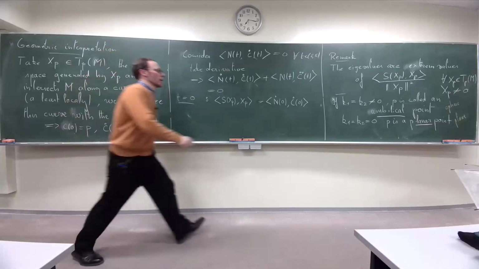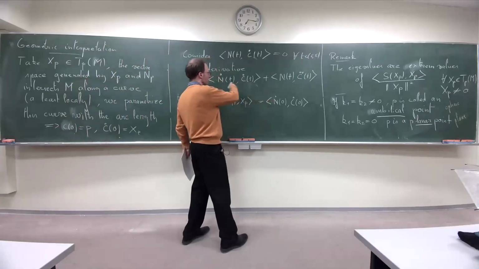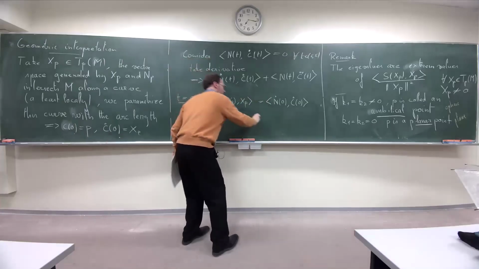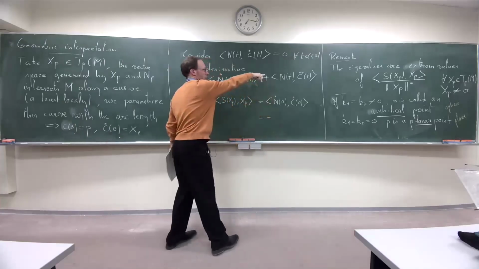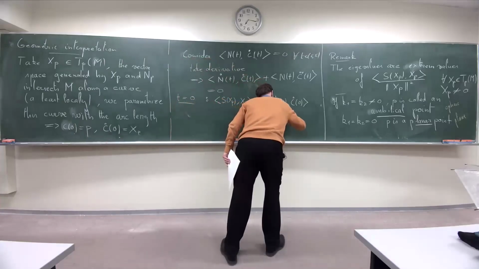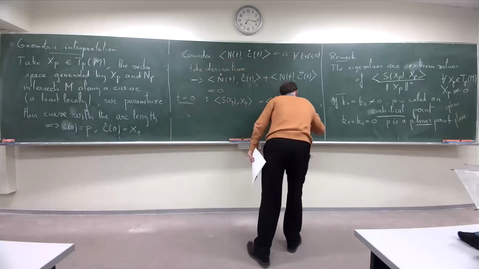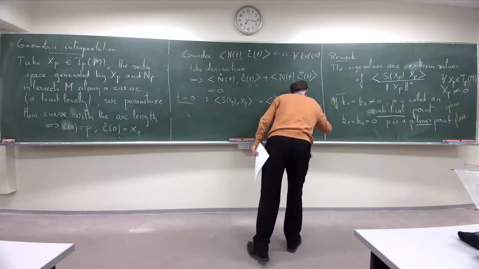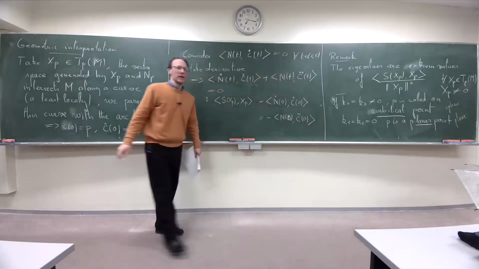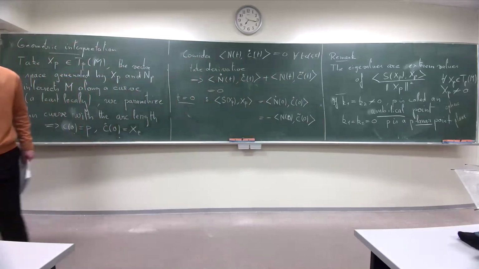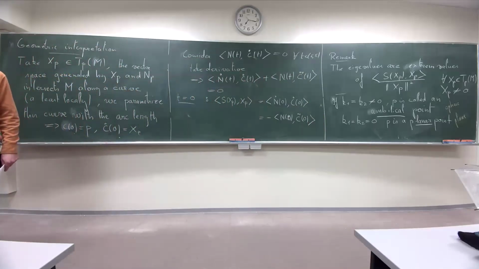And this was equal to 0, so it's also equal to minus n at 0, c double dot at 0. And we have seen this expression once, 2 weeks ago.